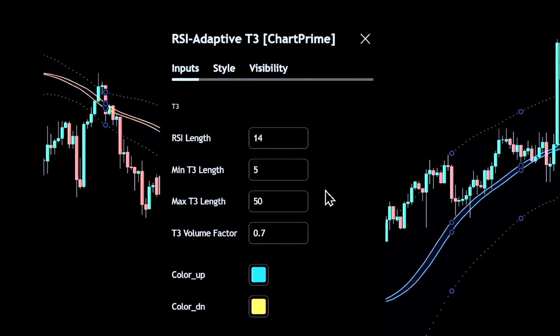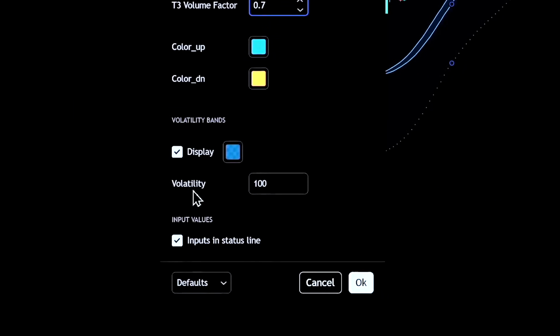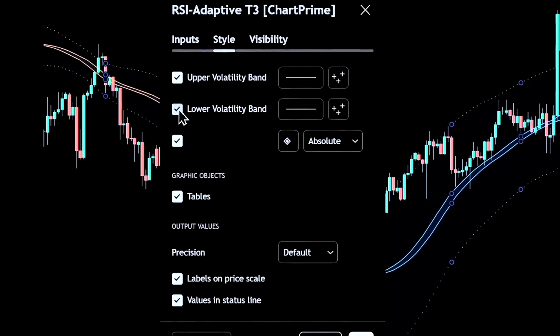There's also a volume factor, often labeled as V, rooted in Tillson's original T3 design, which governs the curve's smoothness and sensitivity. You can adjust the RSI length that powers this adaptive system. For the volatility bands, you can modify their calculation period or multiplier, and you have the option to disable them entirely for a cleaner chart.